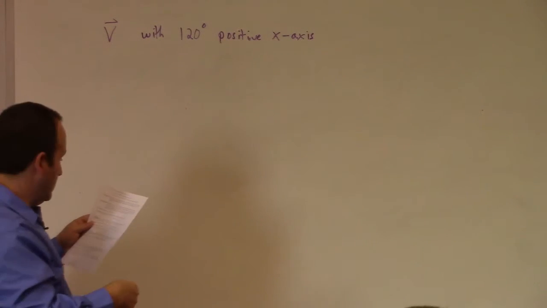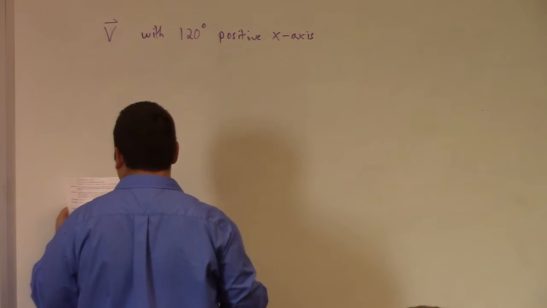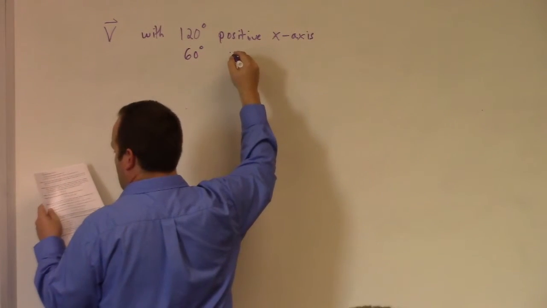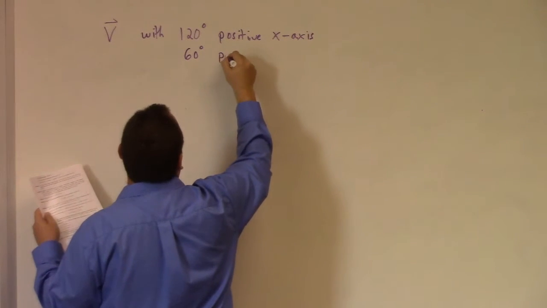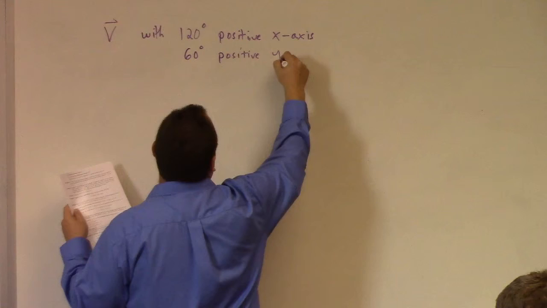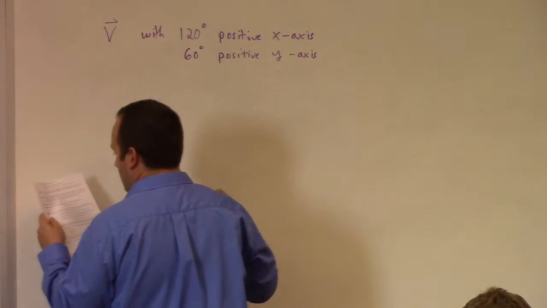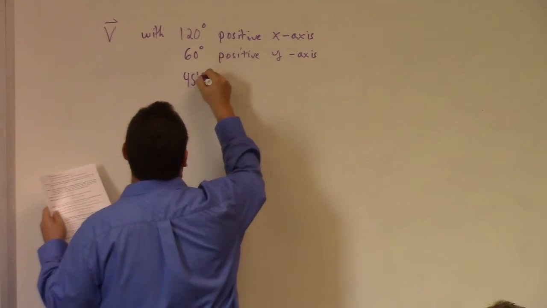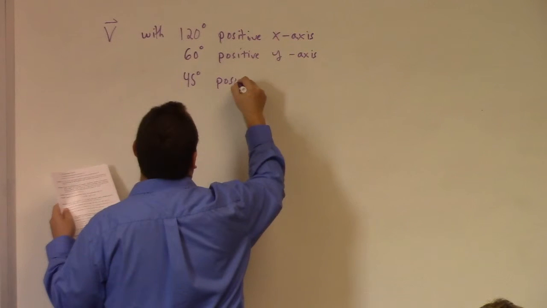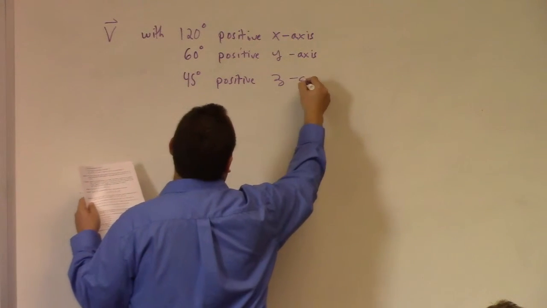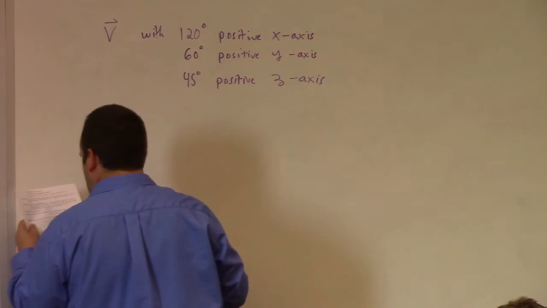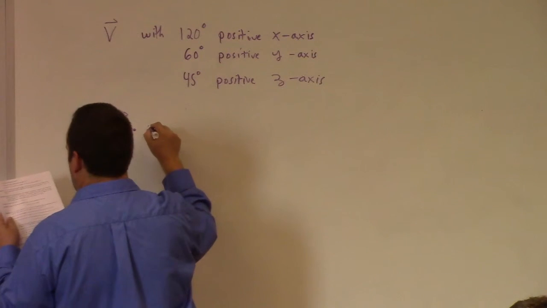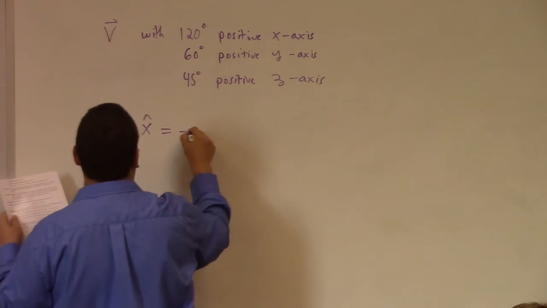I called it alpha. 60 degrees with respect to the positive y-axis. I guess that's what I just called beta. And a 45 degree angle with positive z. In addition, you're given that v dot x hat is equal to minus 10. Find v.